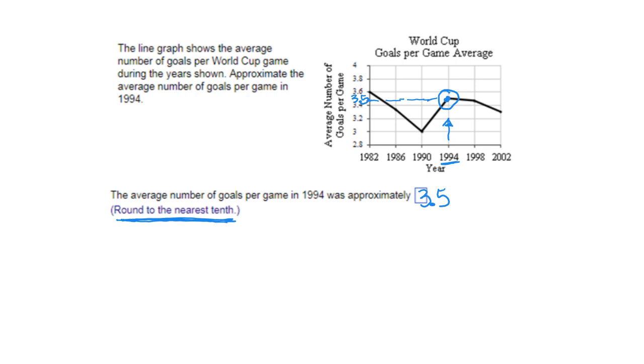Again, you find the year that you need on the horizontal axis, which is 1994. Go vertically up until you touch your graph, in this case, the line graph. Hold that point and look to the left of that to see what the height is of it. So 3.5.